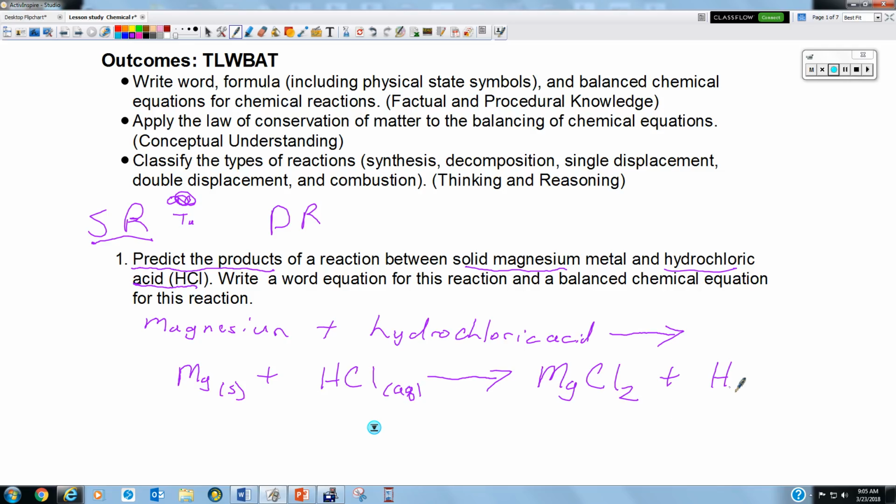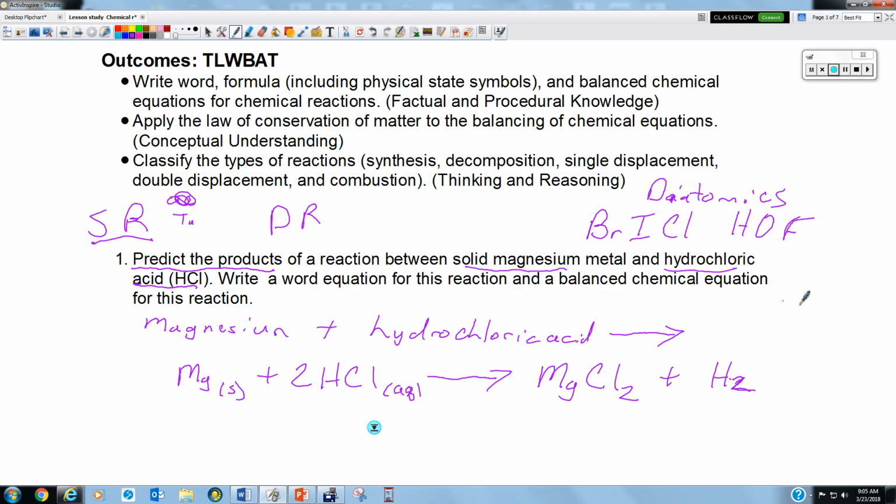It has to be H2 because hydrogen is part of Brinkelhoff. These are all diatomics. So that means I have 2 chlorines, so I need a 2 right there.